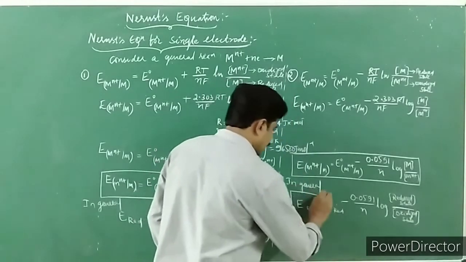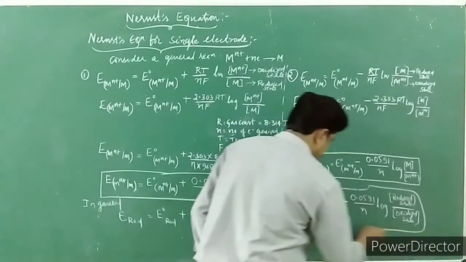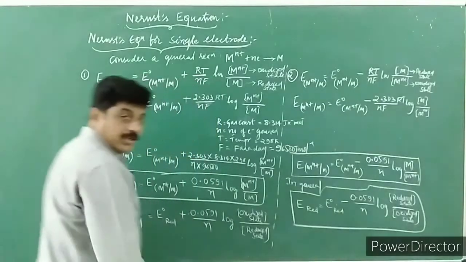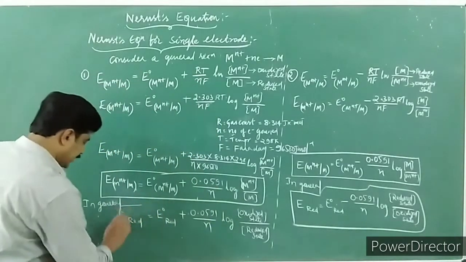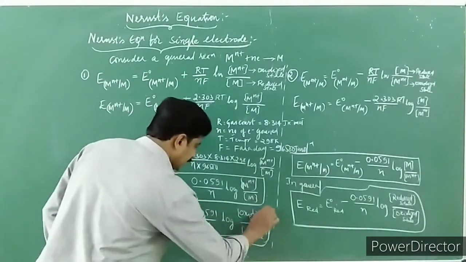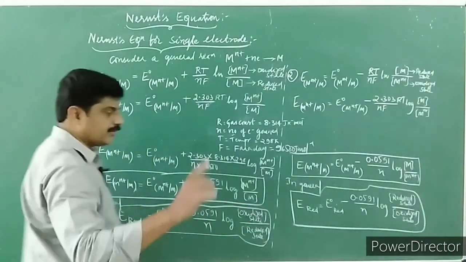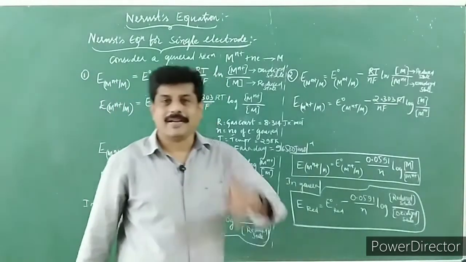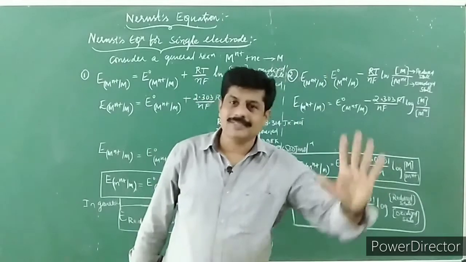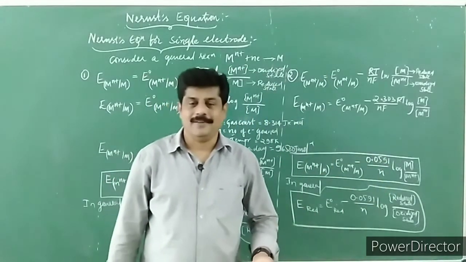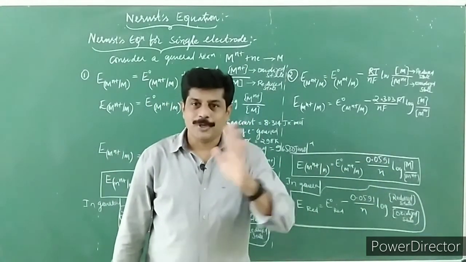Children, these are the two important quantitative relationships between electrode potential and the concentration of ions you are supposed to remember for writing the Nernst equation for any other electrochemical cell. Children, hope you understood this.